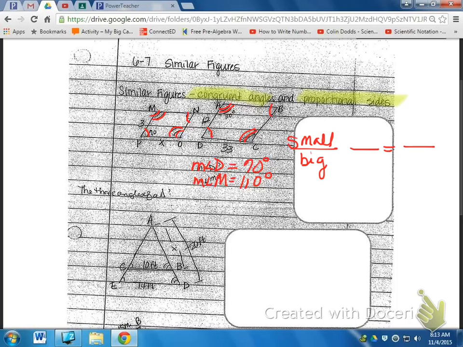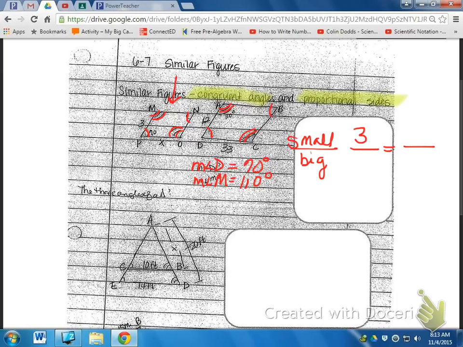All right, now, since I have small on the top, let's look at the one that's the smaller parallelogram. So this one over here. Give me a side that is marked from the small parallelogram. Okay, anybody see one? Braxton? P. The side lengths, not the angles. P is an angle, so the side lengths. 3.